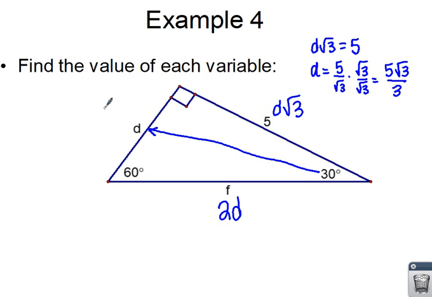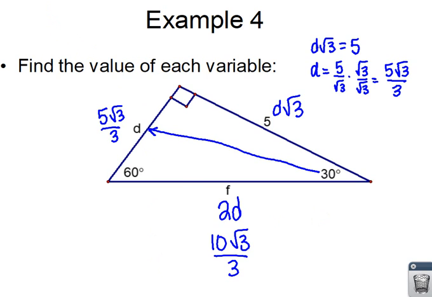So then this side right here would be 5 root 3 over 3. Okay? So then f is twice that ugly thing. So if you plug that in your calculator, you'll get 10 root 3 over 3 because you're just doubling it. Okay? The math's not that challenging if you really think about it, but it does look intimidating.